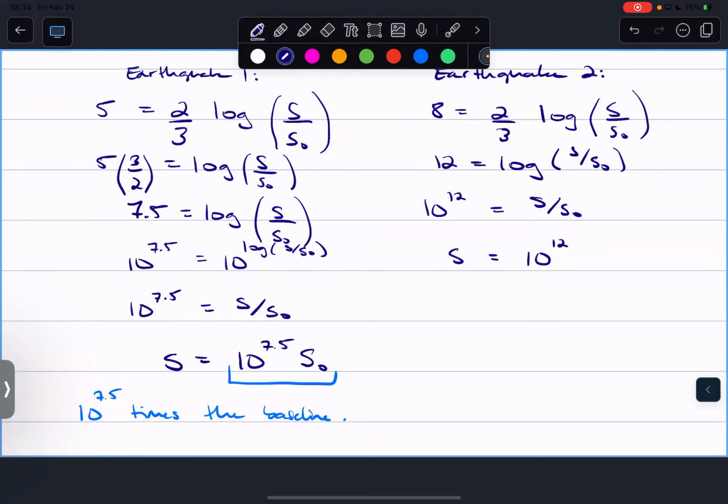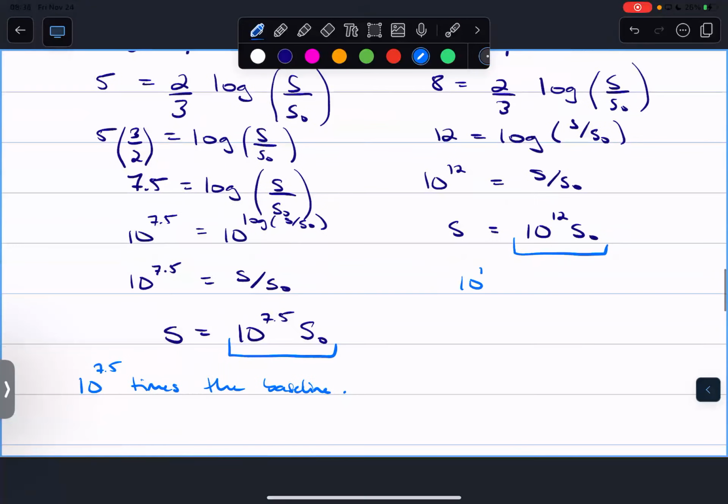In fact, it's 10 to the 12 times the baseline, right? Which is larger than the magnitude of 5, which was 10 to the 7.5 times the baseline. So here, 10 to the 12 times the baseline.